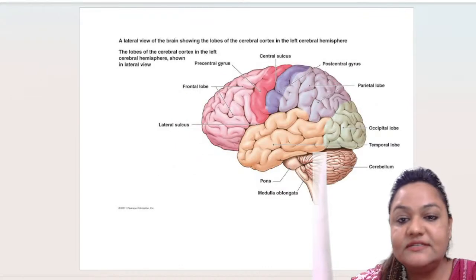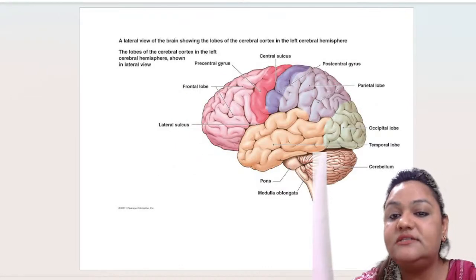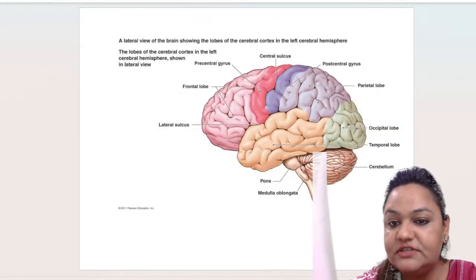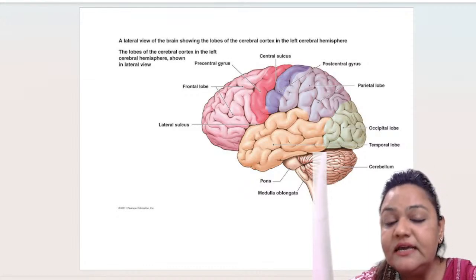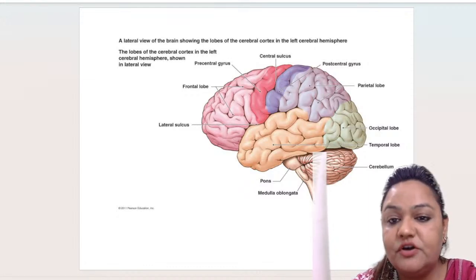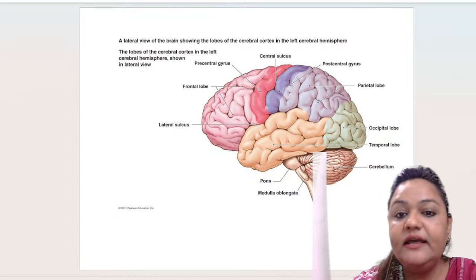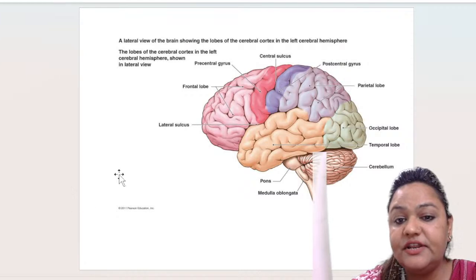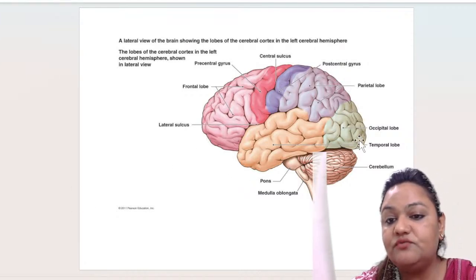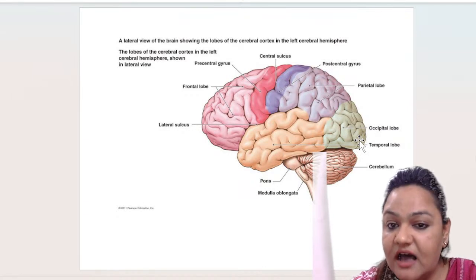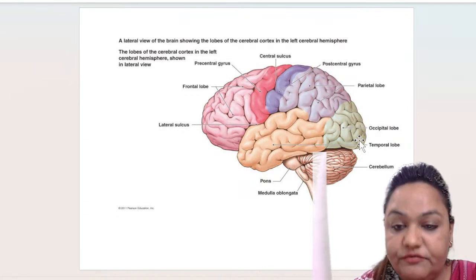Now we have this surface here, and this is called the superolateral surface of the cerebrum. What is the feature of the superolateral surface of the cerebrum? Entirely it is convex, and you can see it has three ends here. One is this, another one is this, and this one. All these three ends are called the poles of the cerebrum.